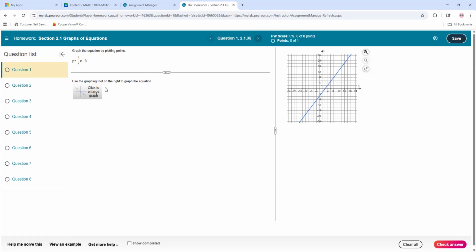So I would still use 0 because 0 times 3/2 is 0. All right, so let me see what this chat's saying. So 0 and 2, perfect. That's exactly the 2 I would use, y'all. 0 because it's easy to multiply. 2 because it would cancel the fraction. And I would basically have 3 minus 3 to figure out my y value, okay?